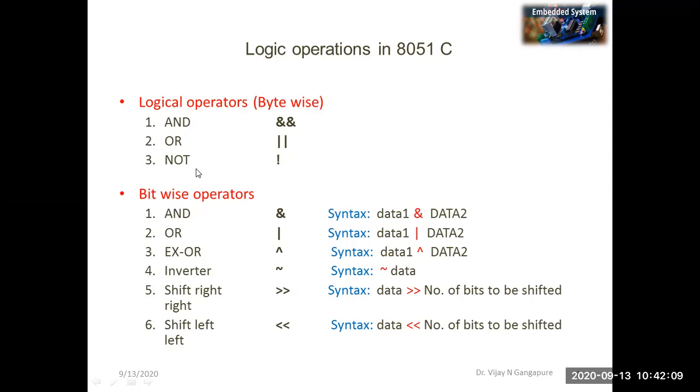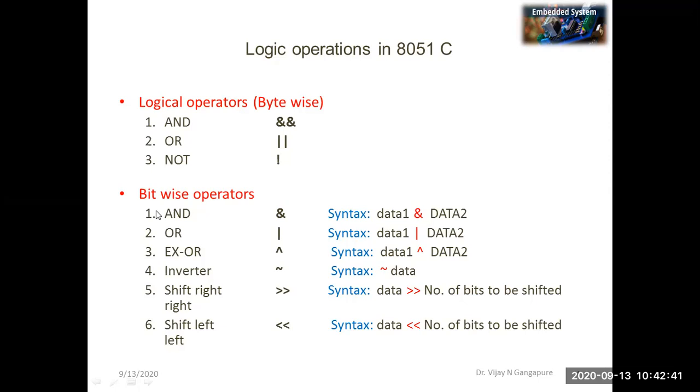And if that byte has value 0, representing false, it will be inverted and become non-zero, meaning true. So NOT means inversion; it just inverts the logic in the data byte or operand on which it is operating.